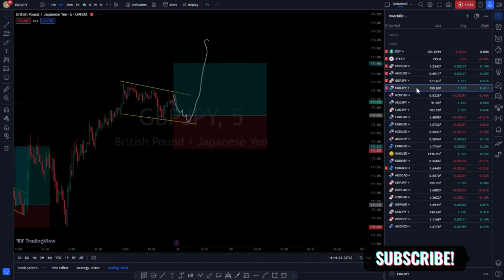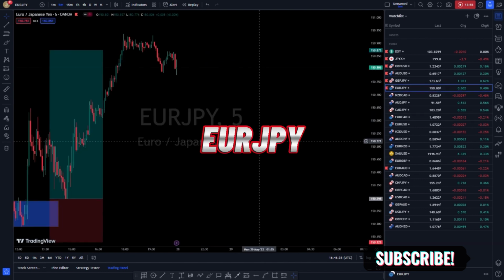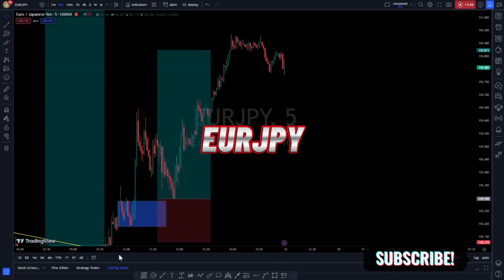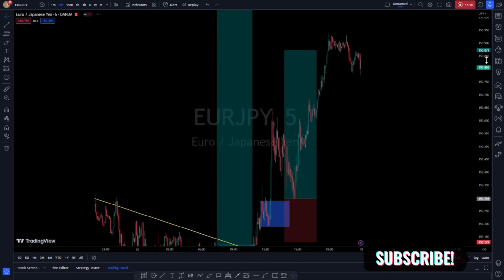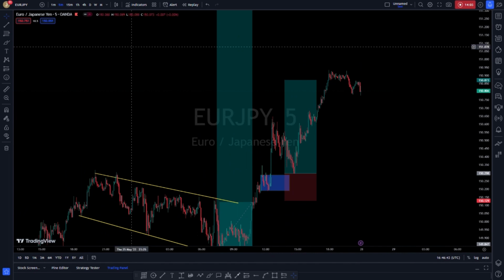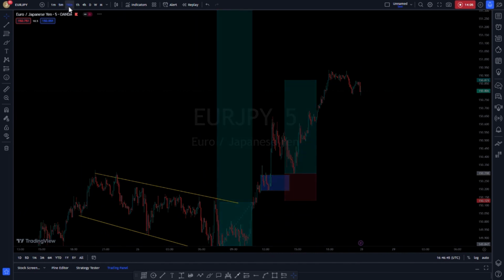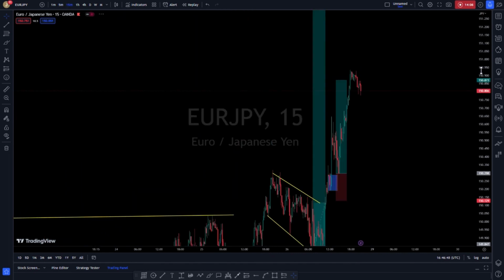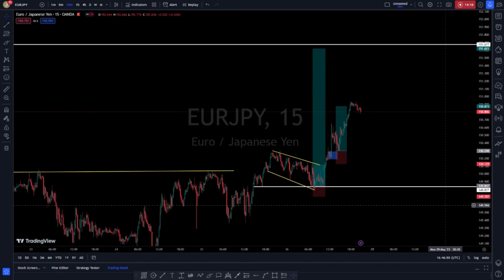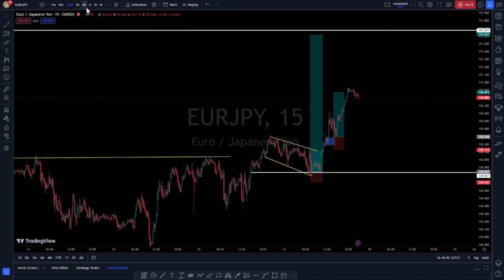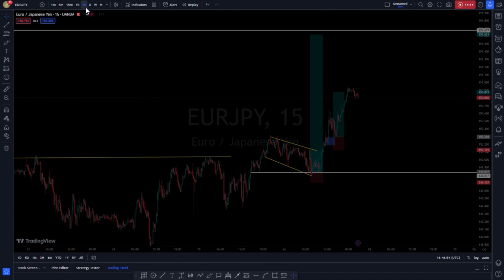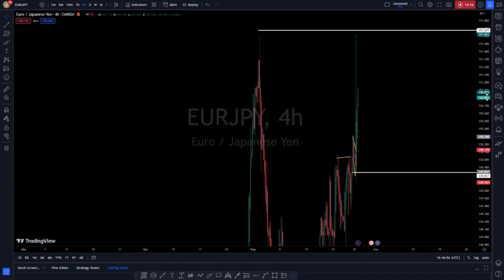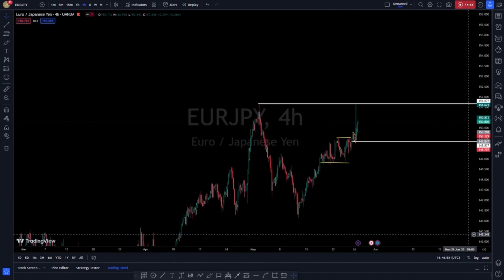So the last one I have on my list is EURJPY. EURJPY is also similar to GBPJPY, the one that I analyzed just now. First, let's start from the higher time frame for us to see the clearer picture of this trade.